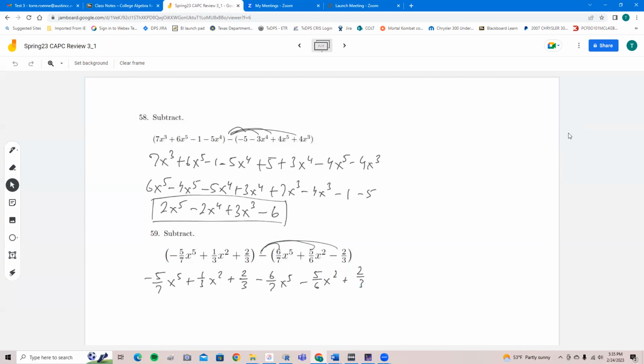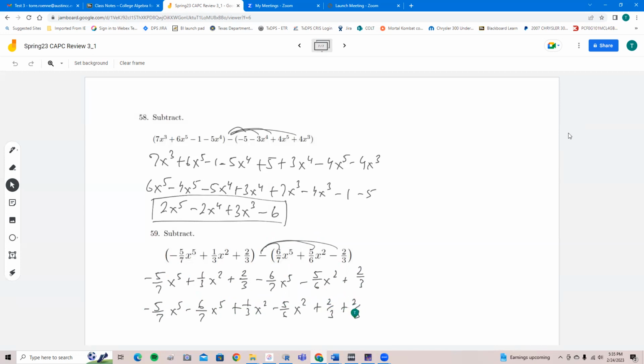All right, let's move the like terms together. So I get negative 5/7 x to the fifth minus 6/7 x to the fifth. And then I have plus 1/3 x squared minus 5/6 x squared. And then I have plus 2/3 plus 2/3 again.